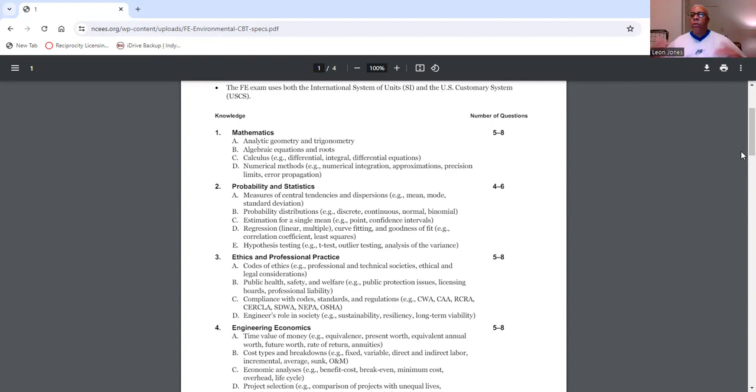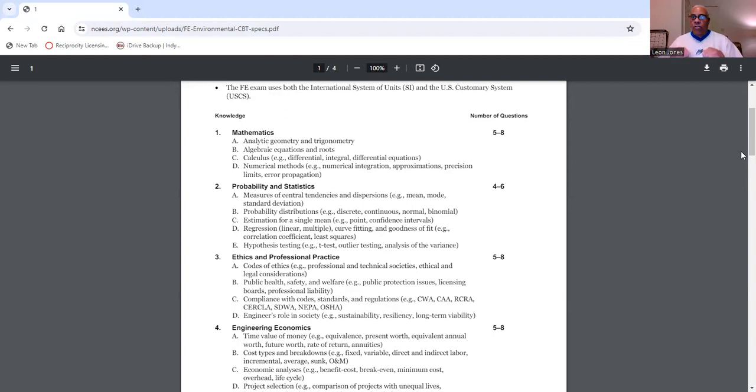I like to remember the flow rate, Q equals VA. I like to know that Q is going to be in cubic feet per second. I like to know my units. I like to know kilogram meters per second squared is a Newton.